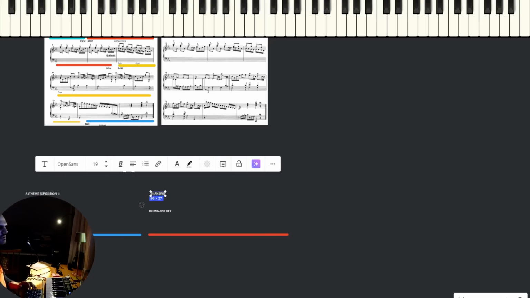We can also call it development or ending group. It's hard to tell because it's a very short section of music. This could be the theme of a sonata by Beethoven. I don't know. So I will call it the answer of the theme.